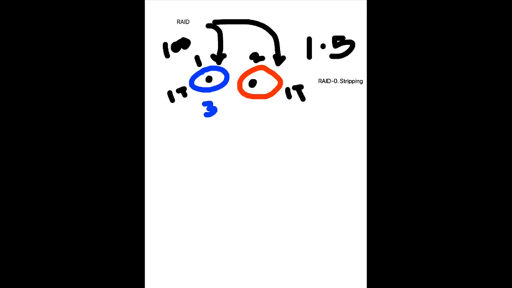That is the stripping. What do you think? What is advantage of this? Stripping. See, there is advantage also, there is disadvantage also.